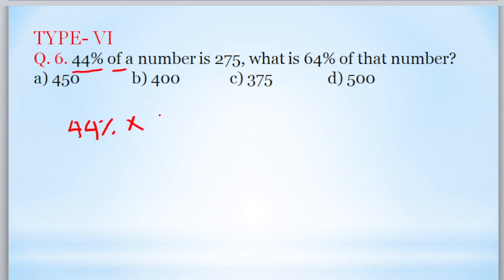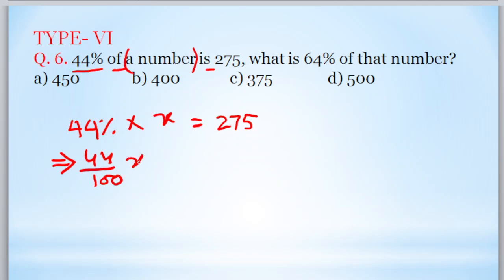A number is x, so instead of a number, here we can write it as x. That is equal to 275. This implies, if we remove this percentage symbol, then it becomes 44 by 100 into x, so that is x is equal to 275.